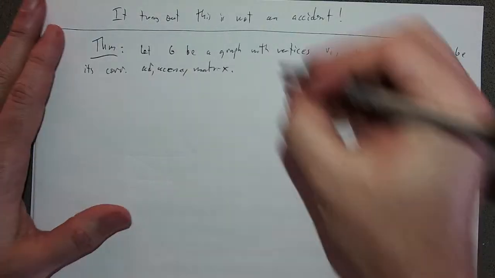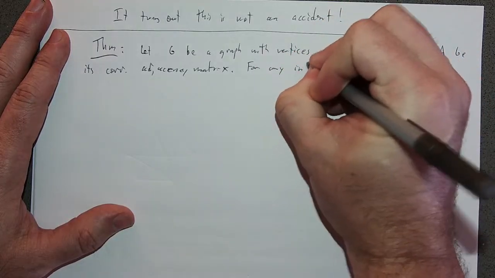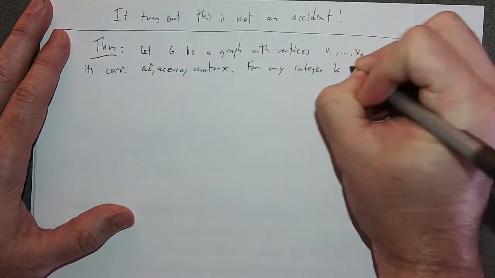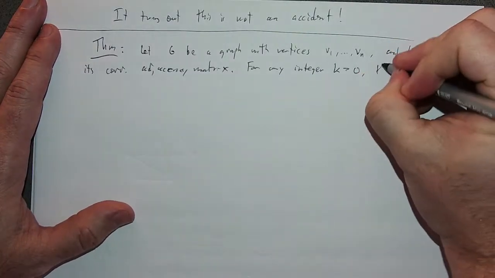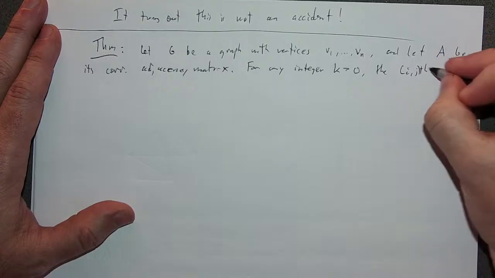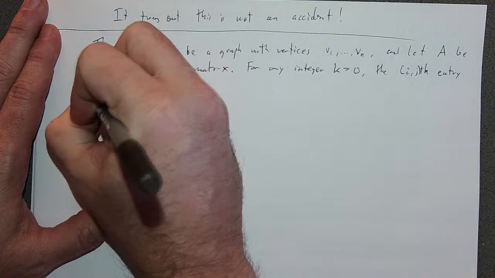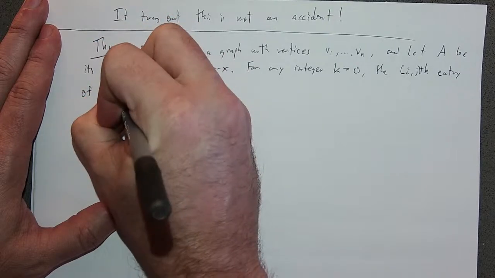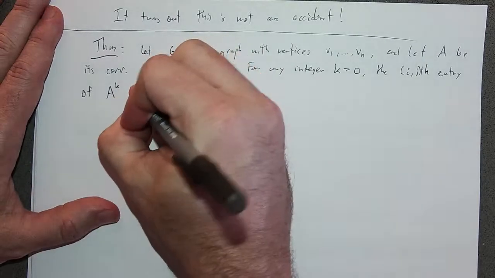For any positive k, the ijth entry of the matrix power A to the k is equal to the number of walks from vi to vj that use exactly k edges.